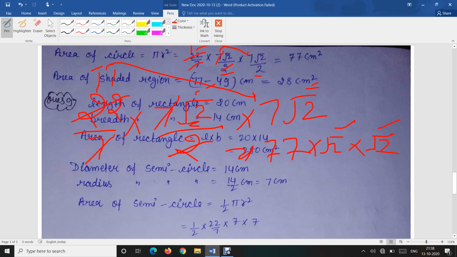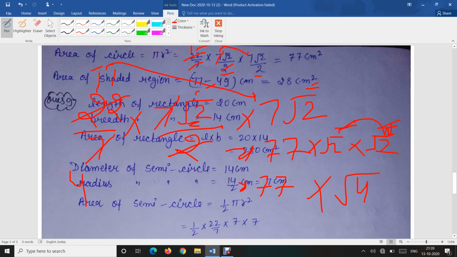Now these are not the whole numbers, these are the square root numbers, so we can multiply by each other. So it will be 77 multiplied by this root 2 and this root 2. Root 2 multiplied by root 2. 2 multiplied by 2 is 4 and also square root is here, so we have to raise the square root.